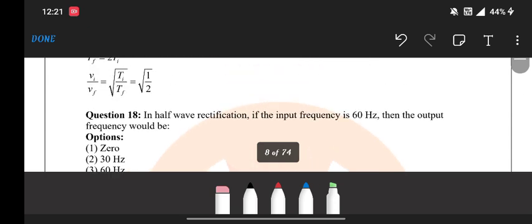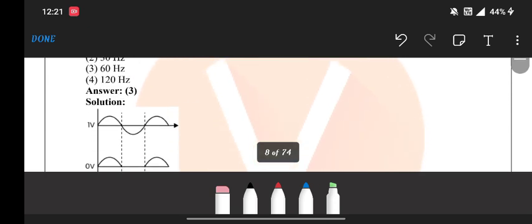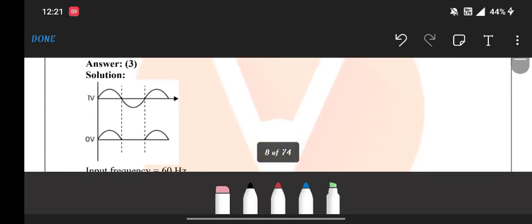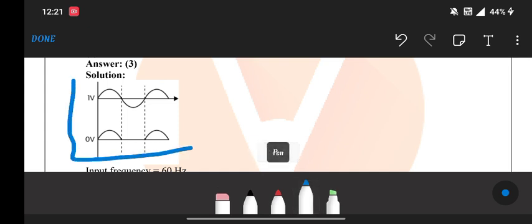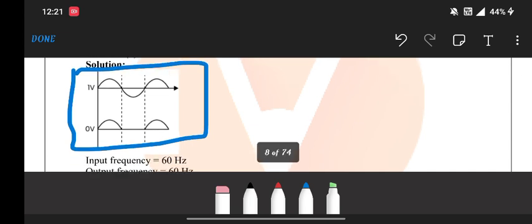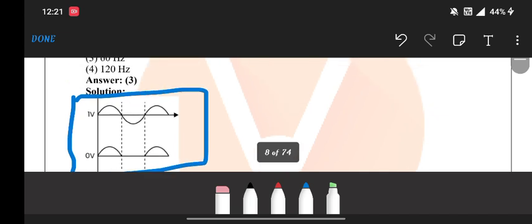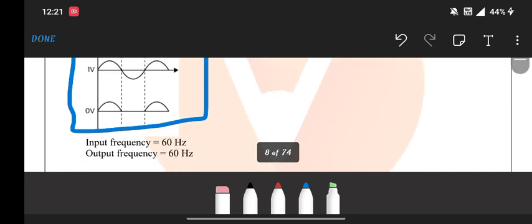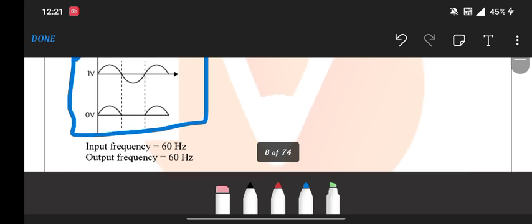Now if we draw the graph of half wave rectification, it will be like this, the graph that they have given. In this half wave rectification graph, the input frequency that we get is 60 hertz, and the output frequency is also 60 hertz.